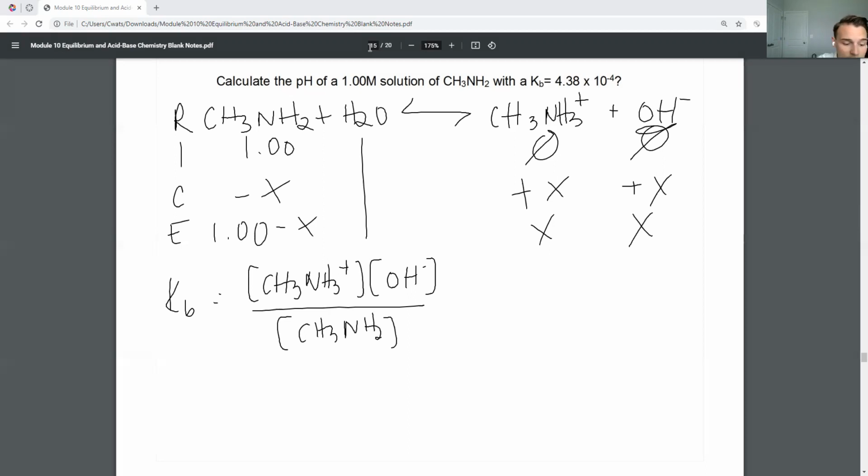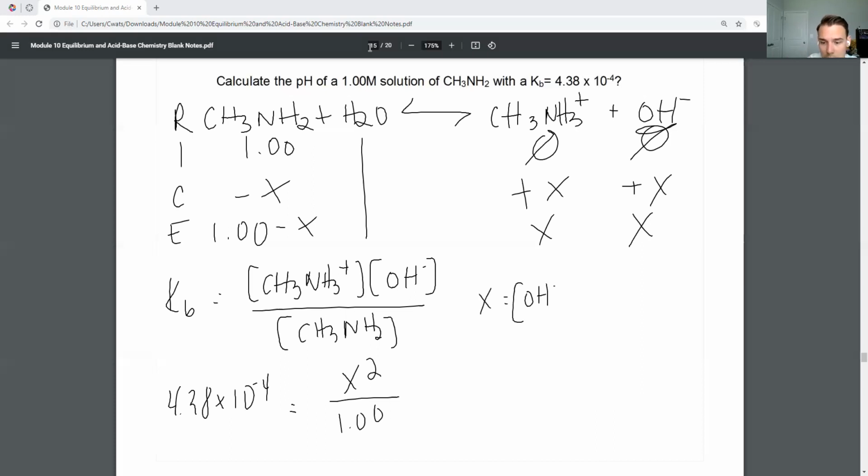Plug everything in that we know. 4.38 times 10 to the negative fourth is my Kb, which is x squared over 1.00. Again, still neglecting the x. x will end up equaling the concentration of the hydroxide ion, which will give me 2.09 times 10 to the negative second molar.